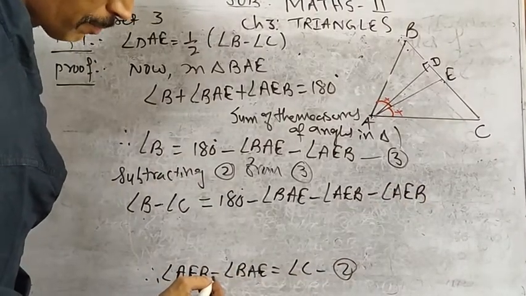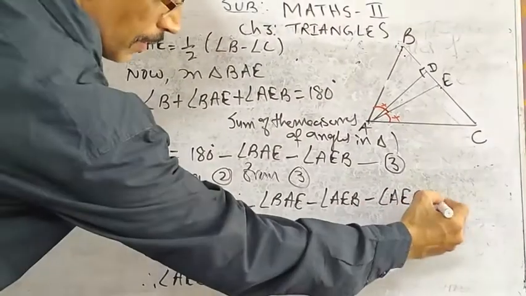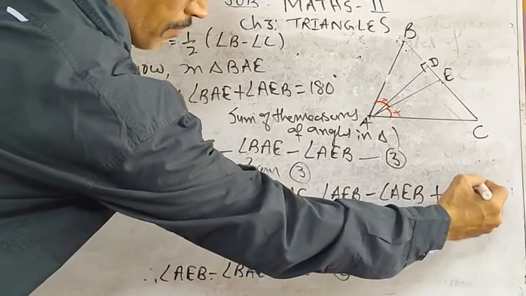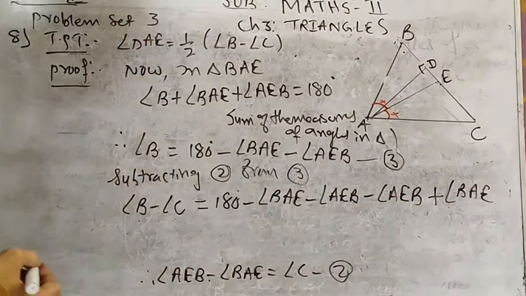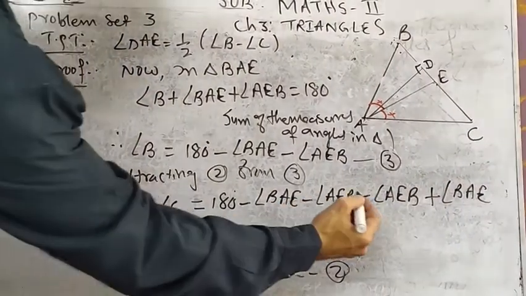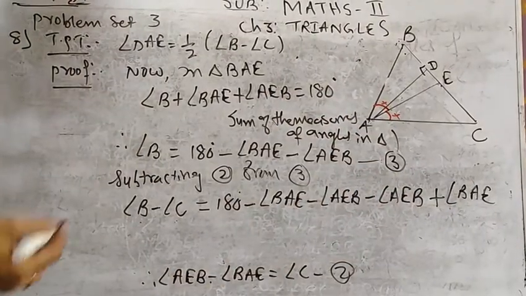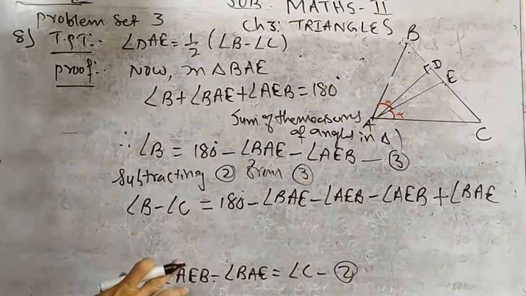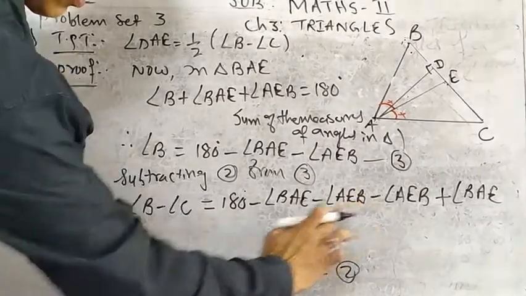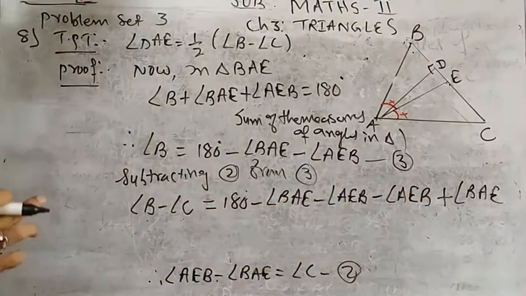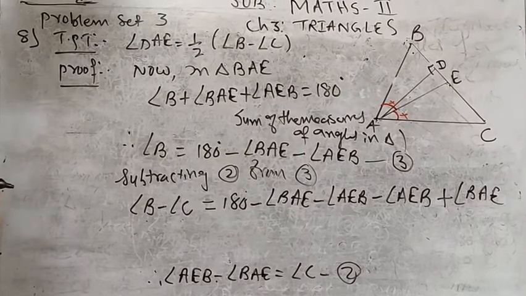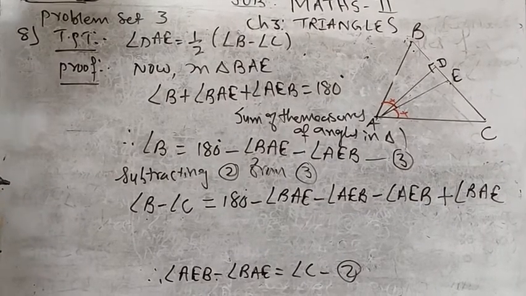Minus becomes plus angle BAE. Otherwise you have to keep the minus sign and keep this in a bracket, then open the bracket. So to reduce one step I have done it directly: this went minus and this became plus.